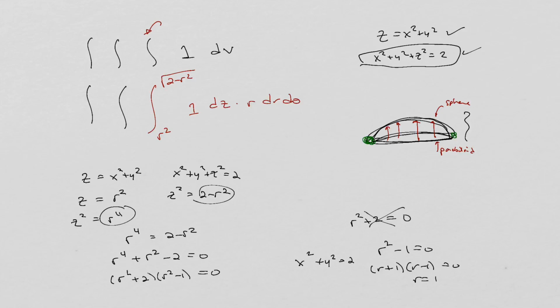So I get r equals 1, or r equals negative 1. But let's just do it like this. So I'm going from 0 out to 1, because if I went in direction negative 1, that's still the same kind of distance. So r, the second integral here, goes from 0 to 1.